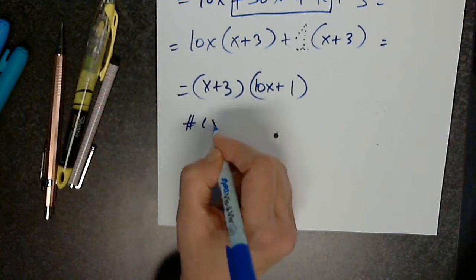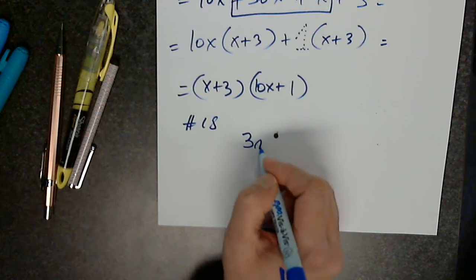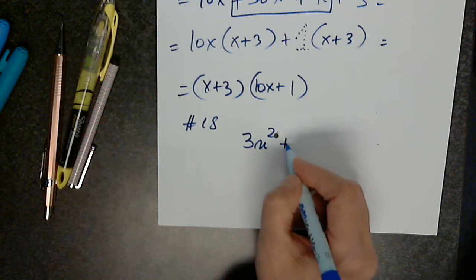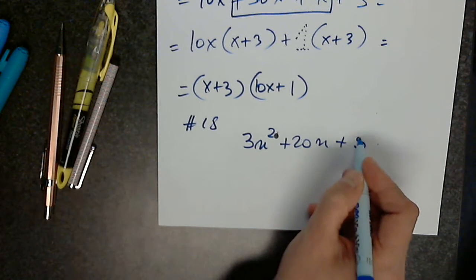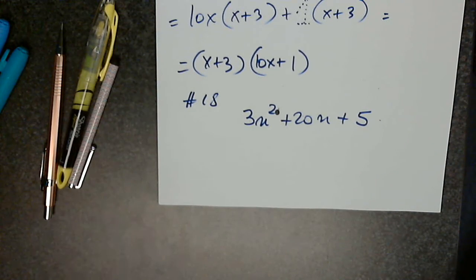18. 3n squared plus 20n plus 5. Is that 3n squared or 3n squared? There was something on the paper.